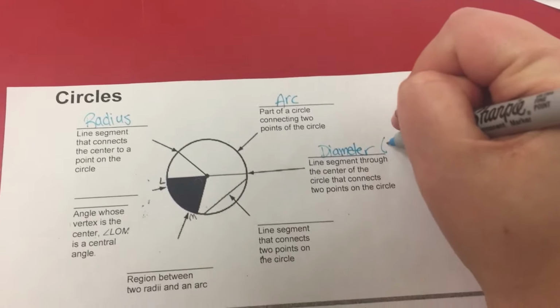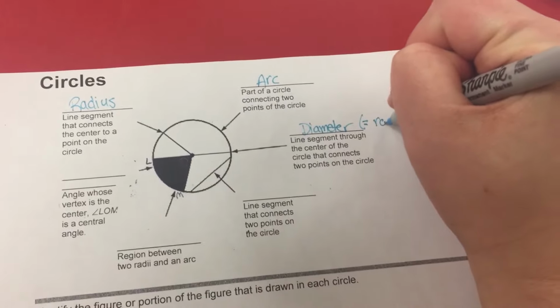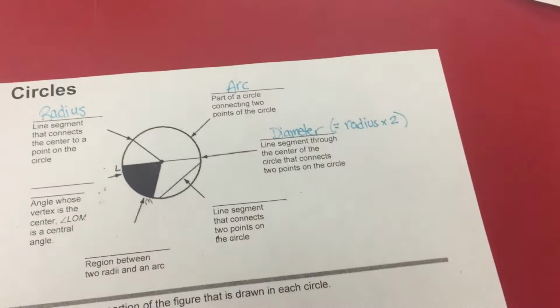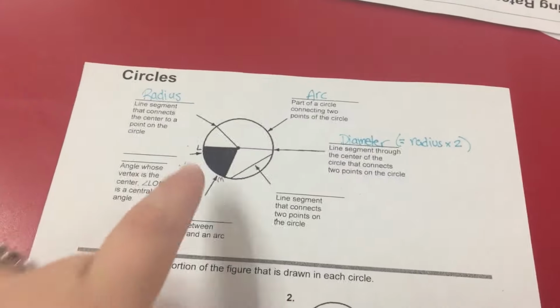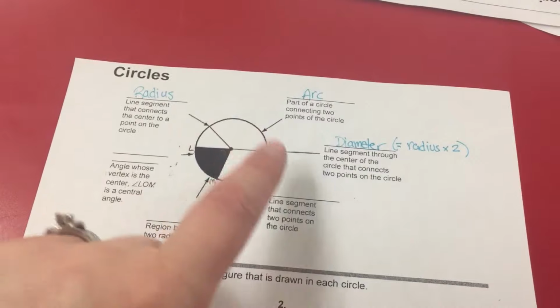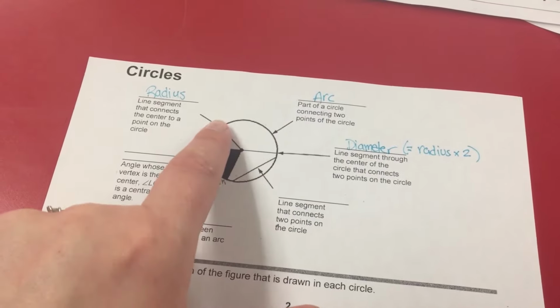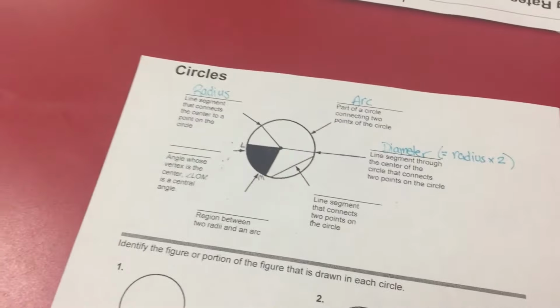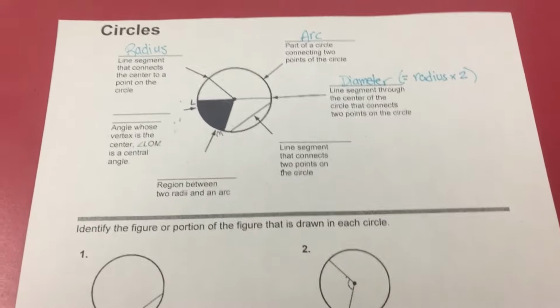And in parentheses, we're going to put equal to radius times 2. So a radius, since it's only from the center to one side, is half the distance of a diameter. Radii are all going to be equal to each other. So the diameter is twice the amount of a radius.